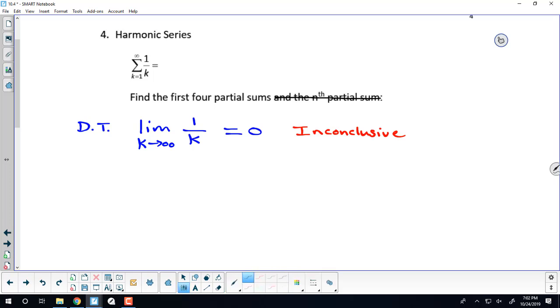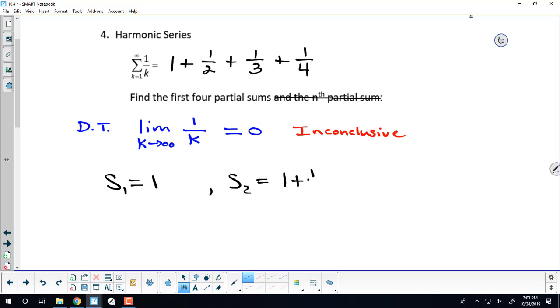Okay, so first 4 partial sums. We're just going to look at the first 4 terms and then add those together. So we have 1 plus a half plus a third plus a fourth. So the first partial sum is 1. Second partial sum is 1 plus a half, which is 3 halves.